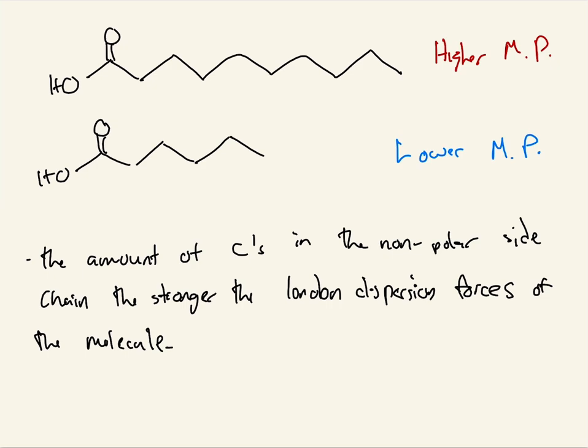And so this can be slightly affected by the degree of saturation too, because if we have a polyunsaturated fatty acid, then you've removed a lot of hydrogens potentially from the molecule, which can affect the London dispersion forces. But that's a much smaller effect than just adding 1 carbon, right? Because adding 1 carbon is the same thing as adding 12 hydrogens. You'd have to have a lot of hydrogens removed.